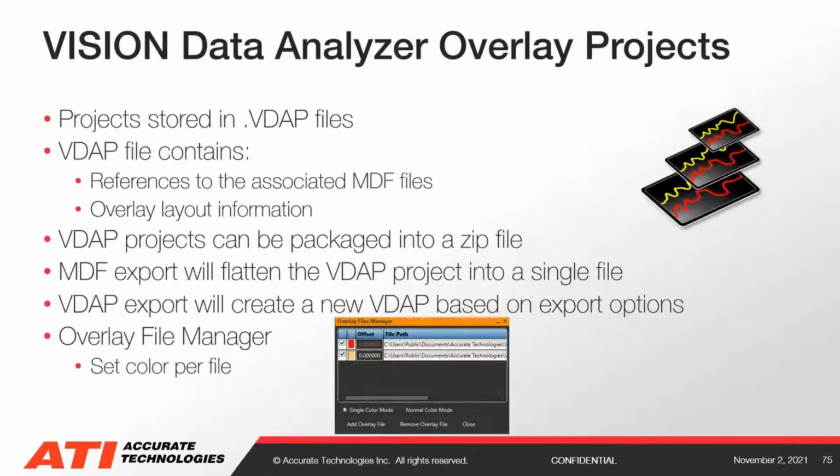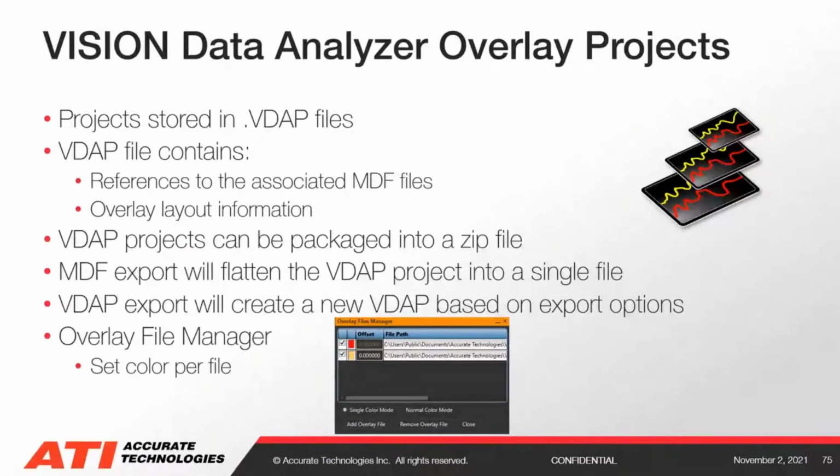All right, so Vision Data Analyzer projects. Talked about this before. This mimics or mirrors the file overlay feature in Vision, but with the Vision Data Analyzer project, overlay project that is, what you can do is actually save it as an overlay, meaning you can save the look and feel of having the two or more x-axes.